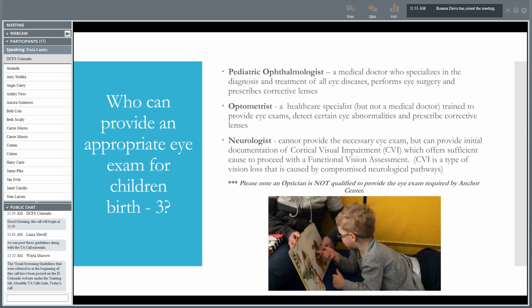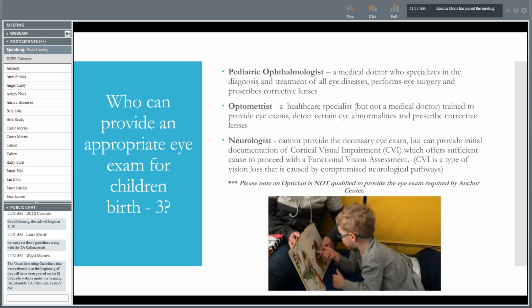We would want that to be either a pediatric ophthalmologist or a neurologist. And we've made the exception with the neurologist for a couple reasons, because many of our children have cortical visual impairment. So again, the children who have seizure disorders or metabolic disorders or traumatic brain injuries, their eyes look okay, but it's the visual processing.